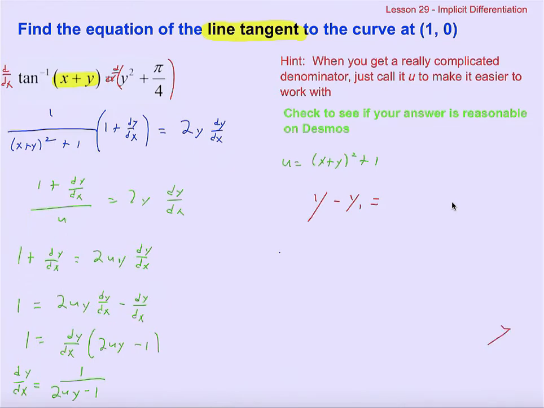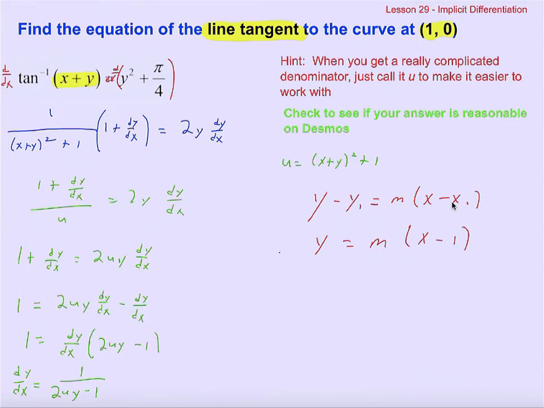Equals some slope, which of course is the derivative at the point that we're talking about. I don't really want to use the fancy notation for it, and since I can't use prime notation because it's not a function, I'll just call it m, times x minus x1. Now, we're told to find it at the point (1, 0). So I can plug those numbers in. The y1 is 0, we still don't know the slope yet, and the x value we're looking at is 1.